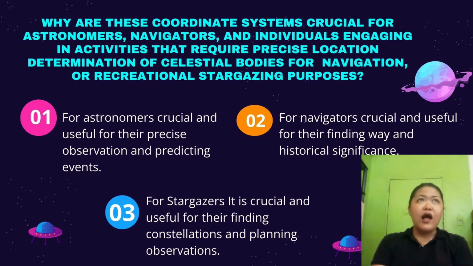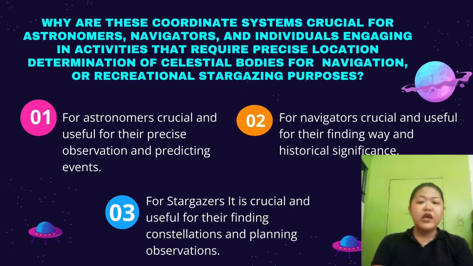Kana ang hinungdan nganong important ni sa mga stargazer, aron mahibaw-an nila kanus-a mag-stargaze, kanus-a ang meteor shower, kanus-a makita ang kani nga star, kung kani ba nga star is visible ani nga adlaw.